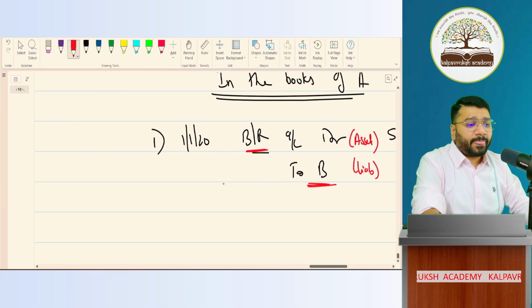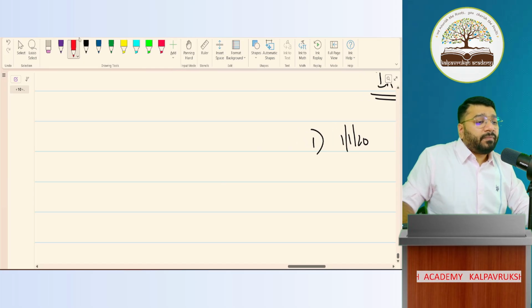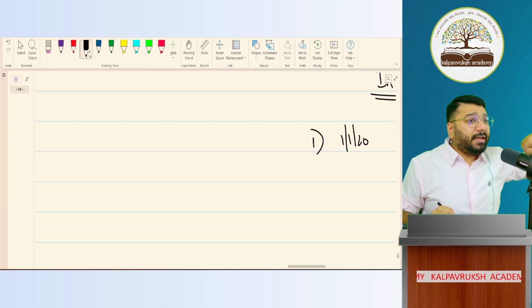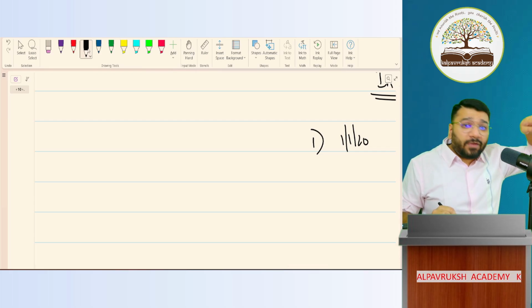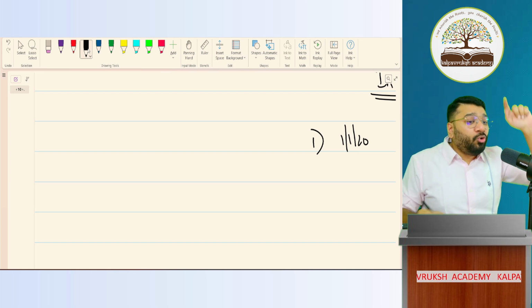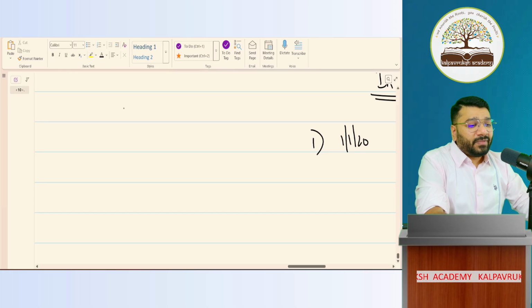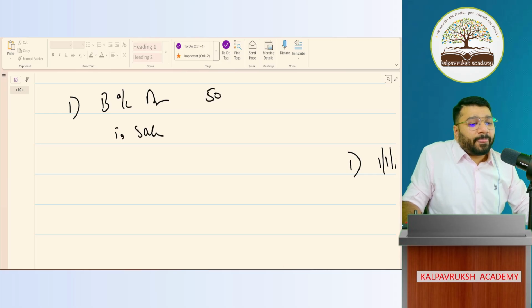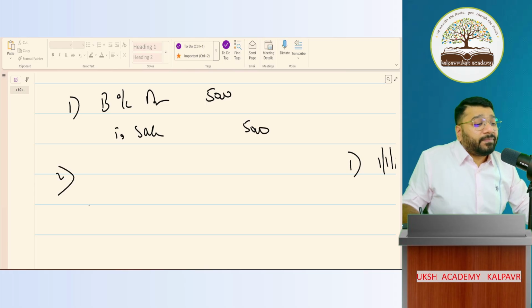Okay. Tell me, people, if this was not accommodation of bill, had this been trading of bill, then what would have happened? A would have sold goods to B. When the goods are sold, what entry will come? B account debit to sales, 5,000. Later, if B is accepting the bill, then what is the entry?